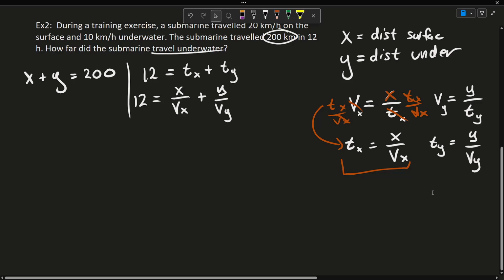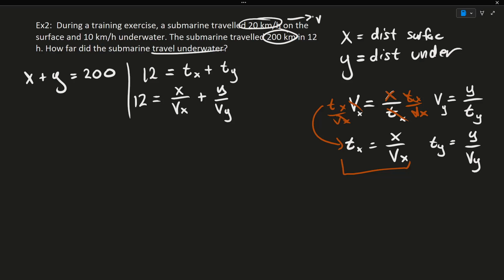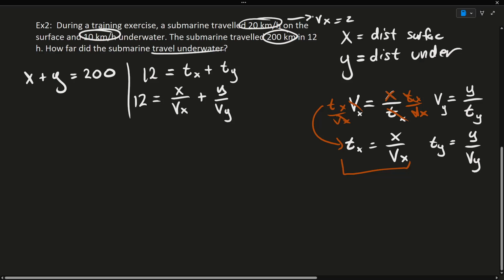Well, what are the V's? Those are the velocities, right? And it turns out that we're given this information. I know that we can do 20 kilometers along the surface, so I know that Vx is 20. And we're doing 10 kilometers per hour underwater, so I know that Vy is 10.